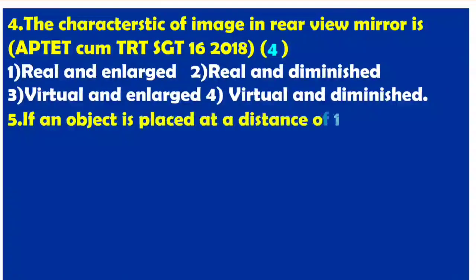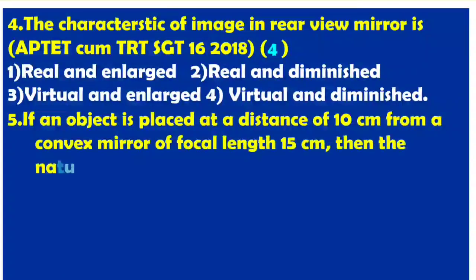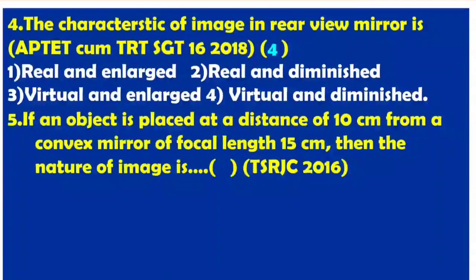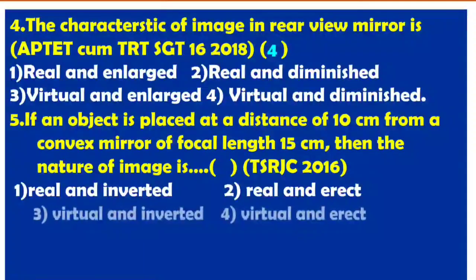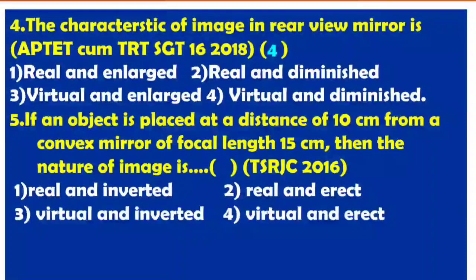Fifth question, if an object is placed at a distance of 10 centimeters from a convex mirror of focal length 15 centimeters, then the nature of image is. Here given options are: option 1 real and inverted, option 2 real and erect, option 3 virtual and inverted, option 4 virtual and erect.